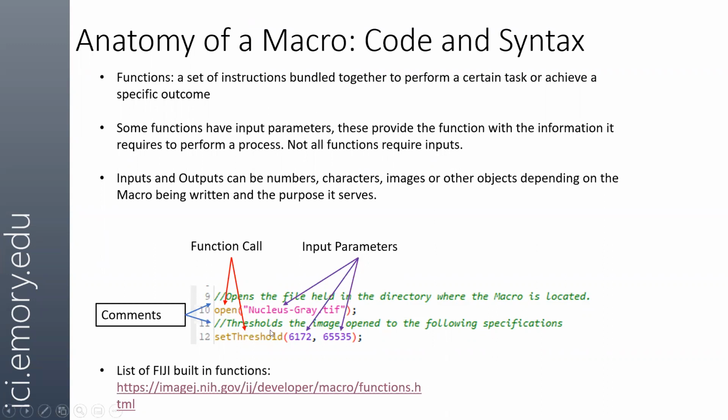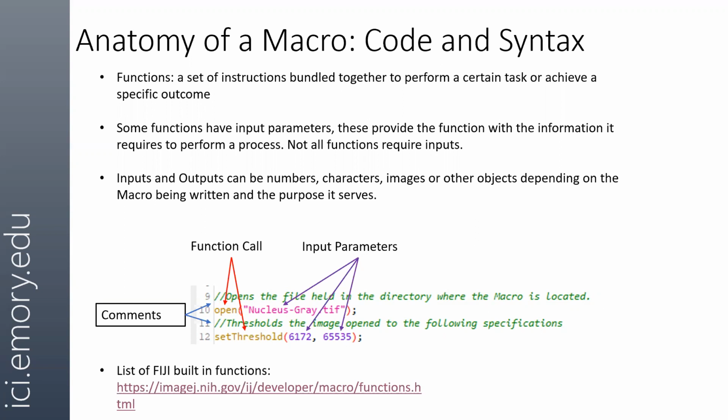So to go back to the previous example down here, we have the function open, and in parentheses is its input, which is the name of the file we're looking for, nucleusgray.tiff. Right below that, we've got the function setThreshold, which sets the threshold for the image within those two parameters.